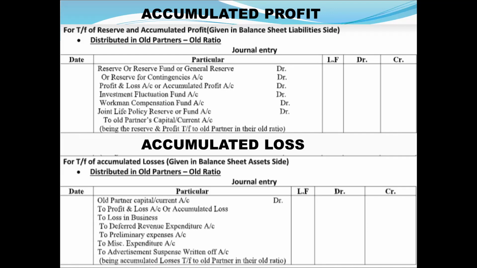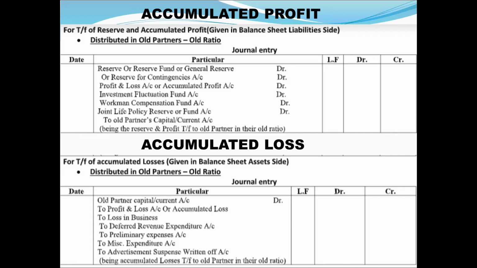For example, revenue used for advertisement is deferred revenue expenditure. So that means in the accounting year, the current year, the major expenses you are going to spend are called deferred revenue expenditure.